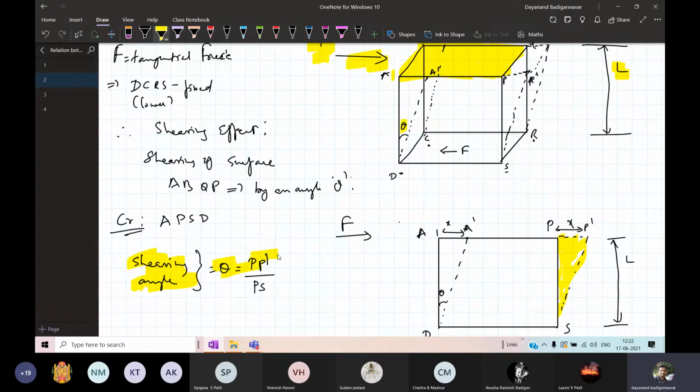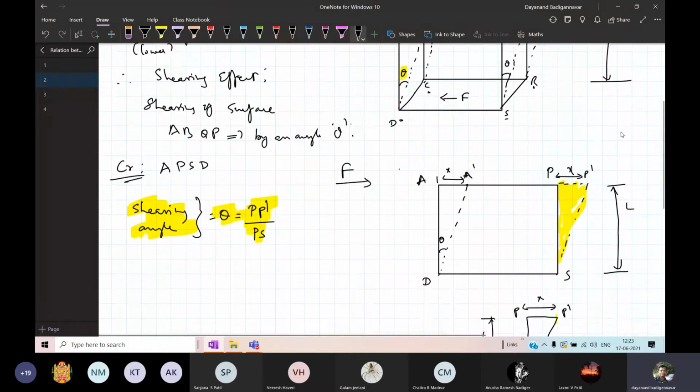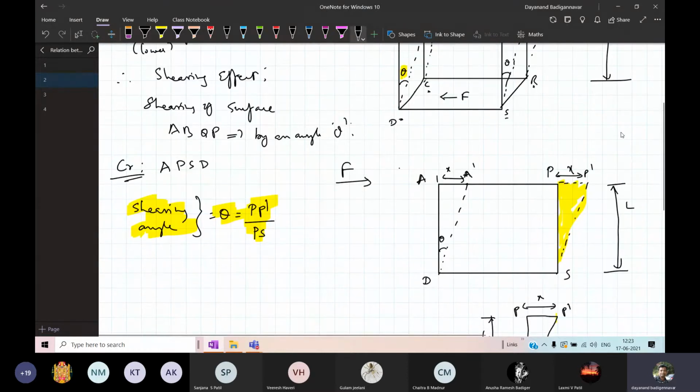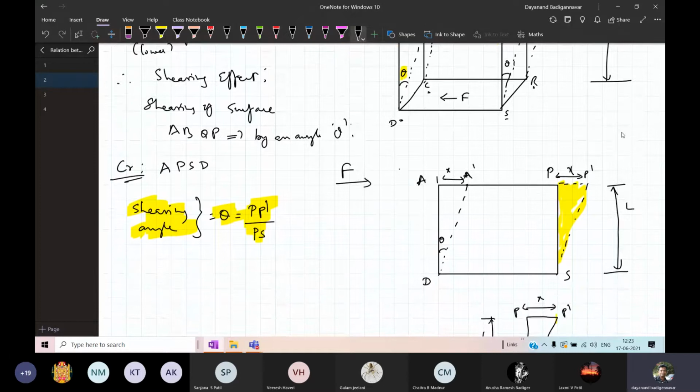Now here, if this is theta, here also I can write theta. This is also theta. Therefore, if I take this region, written separately, I have redrawn here the front face. In the front face of the cube, it is APSD, and the point has shifted from P to P dash, A to A dash when I apply a force F. So here x is nothing but the displacement that has taken place.